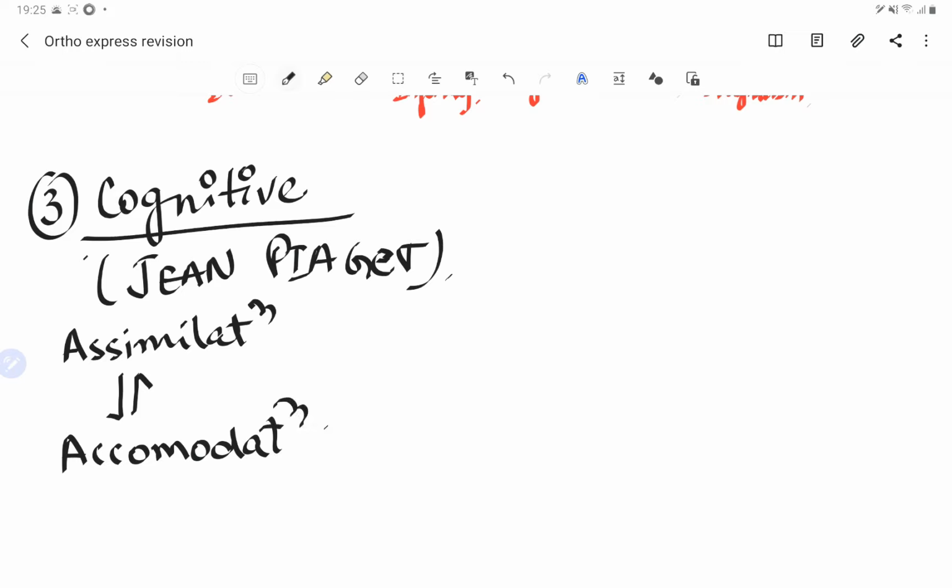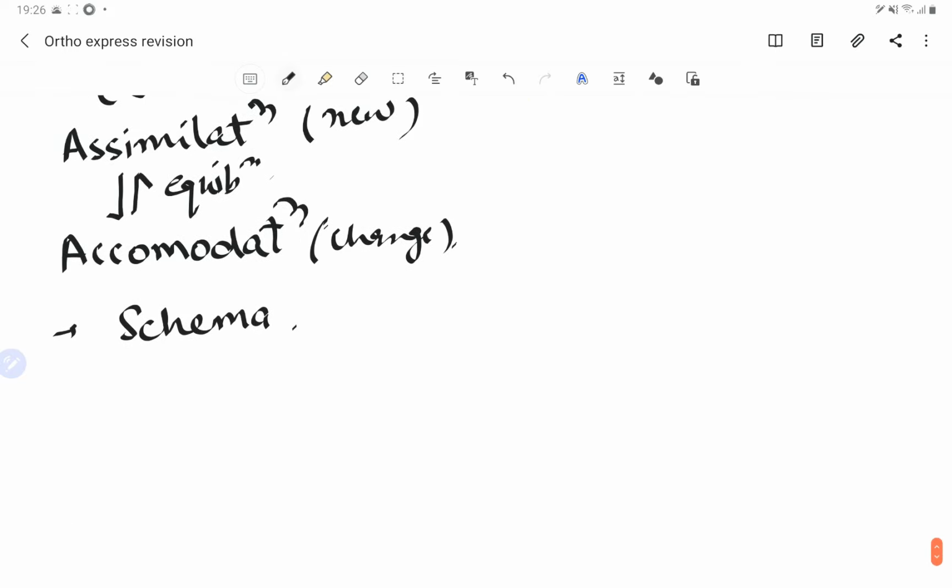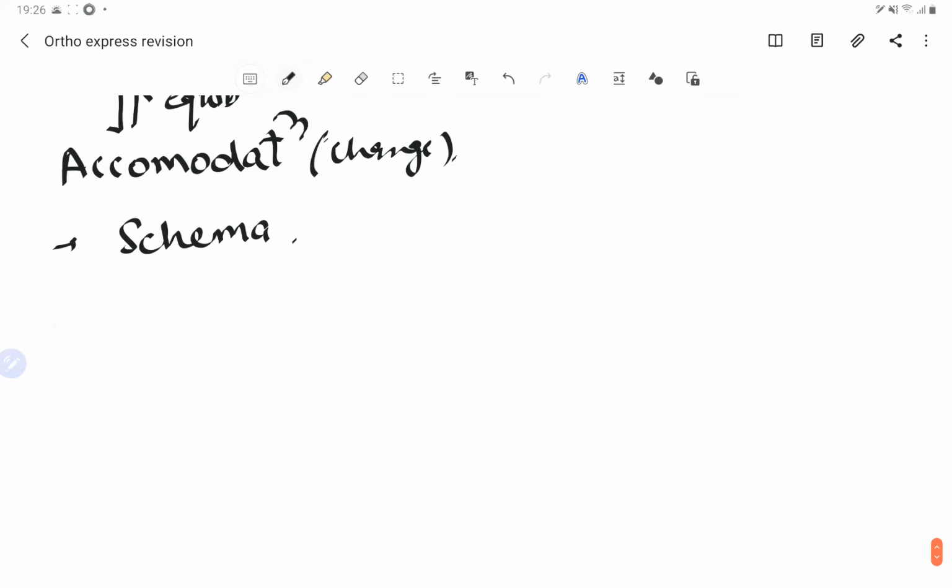There are new concepts or new strategies which a child develops, we call it the schema, right? So there is an equilibrium, equilibration, between the assimilation, which is the new information, and the accommodation, which is the change in the information. And Jean Piaget gave a sequence of development, 4 stages of the sequence of development.